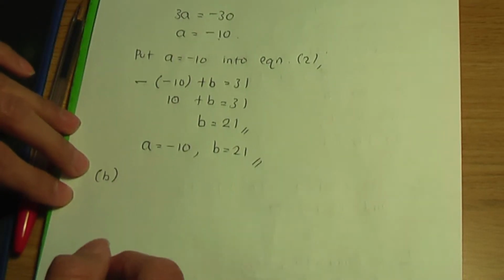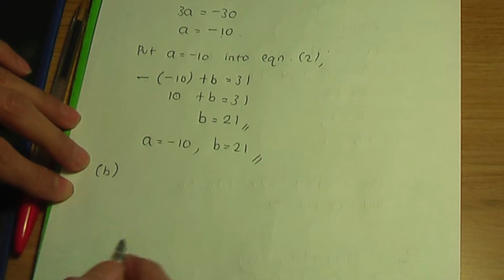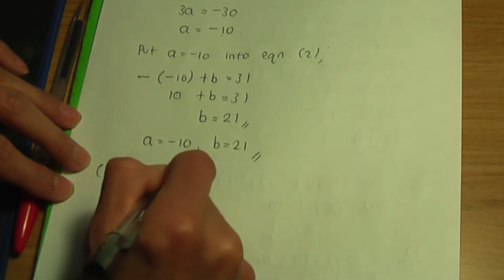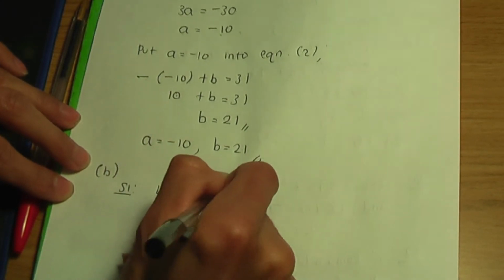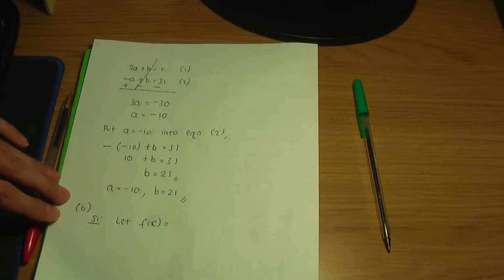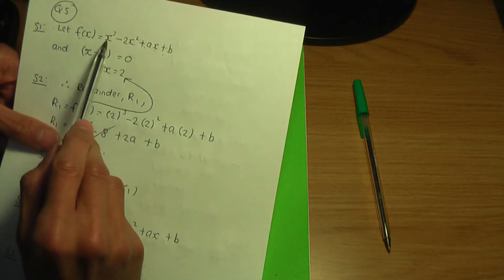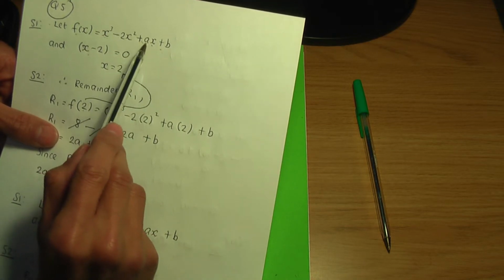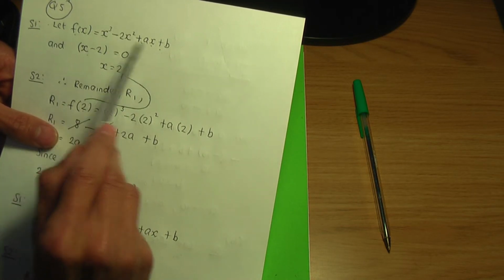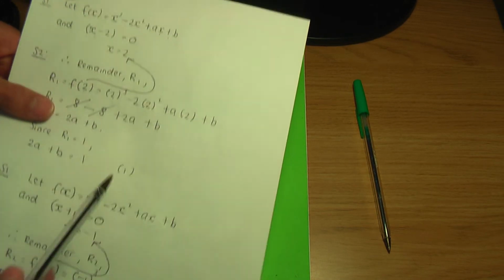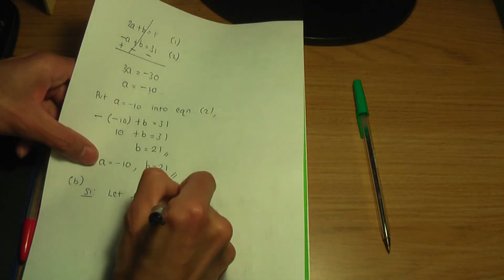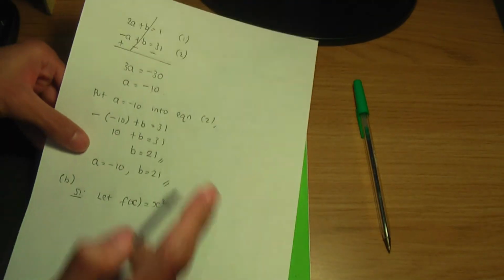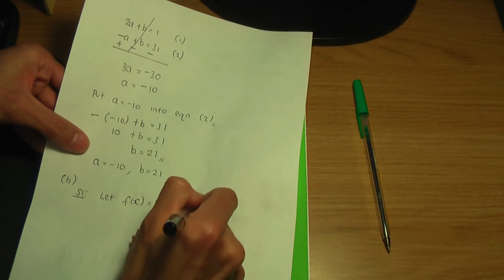So let's apply the factor theorem, which is a consequence of the remainder theorem. So here is the factor theorem, step number 1. We let f of x be the polynomial. So we have x cubed minus 2x squared plus ax plus b, but we know the values of a and b, so let's insert them to give us x cubed minus 2x squared.